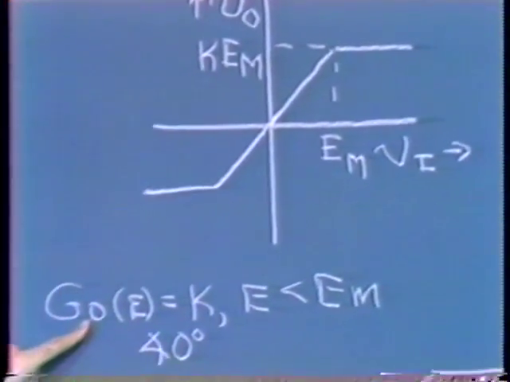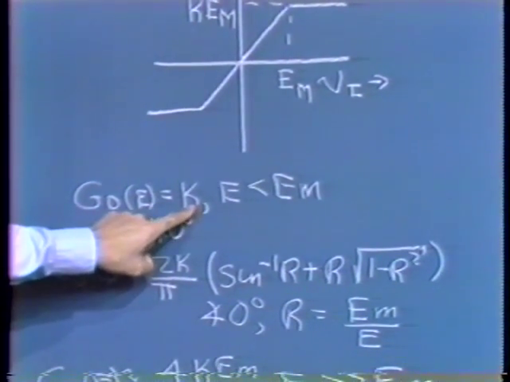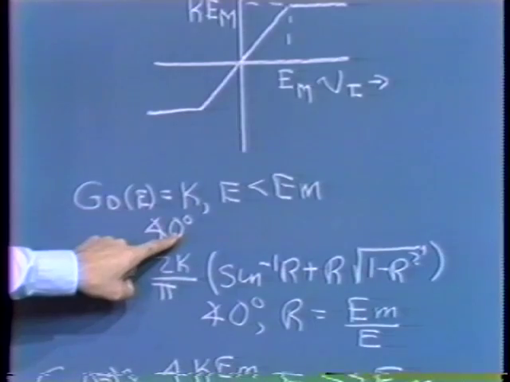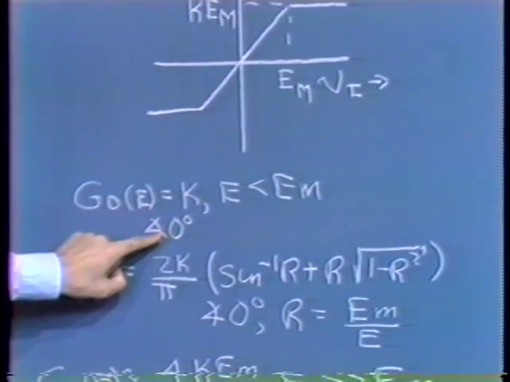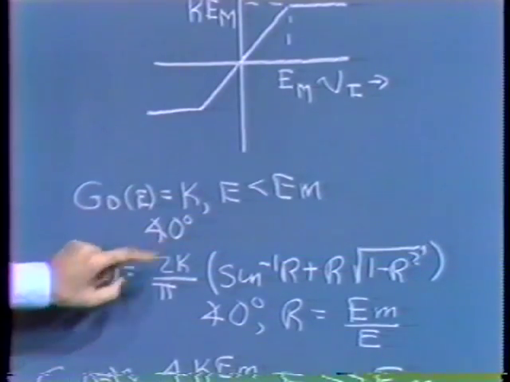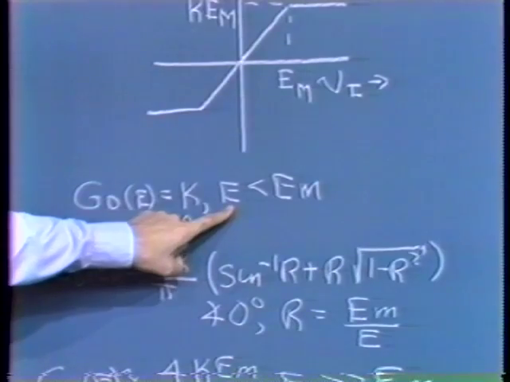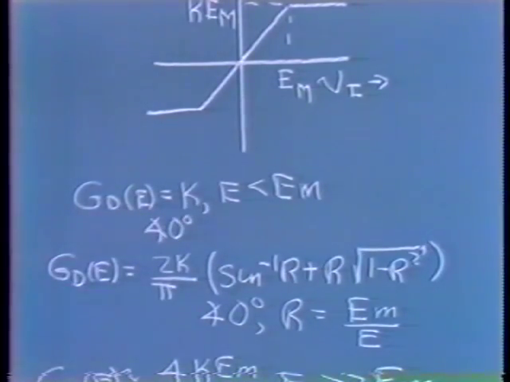Consequently, the describing function, as a function of the amplitude of our test signal E, is simply equal to k. Of course, the input and output sinusoids are in synchronism. There's no relative phase shift between them, so the angle associated with the describing function is 0 degrees. And that's the condition that exists for E less than E sub m.